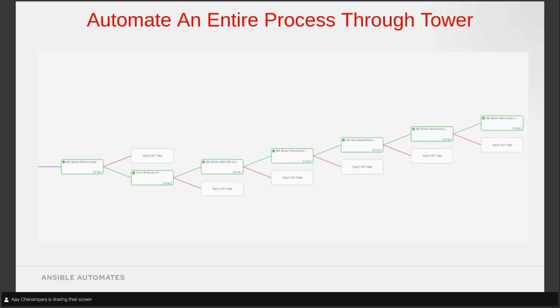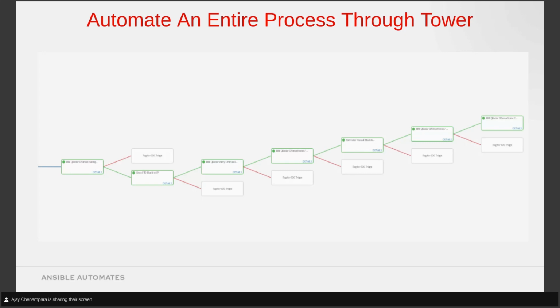So instead of the ticket flowing to a different team and that team individually executing a particular playbook to run against all devices, all of this could be orchestrated through API and through workflows to be completely a closed loop scenario.